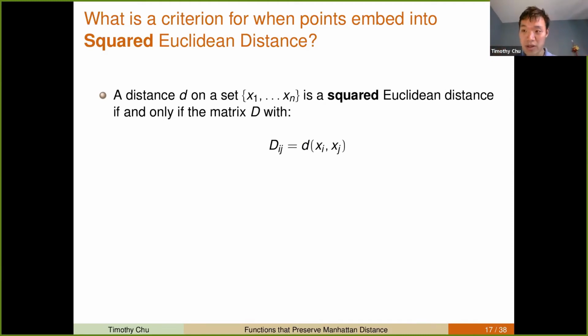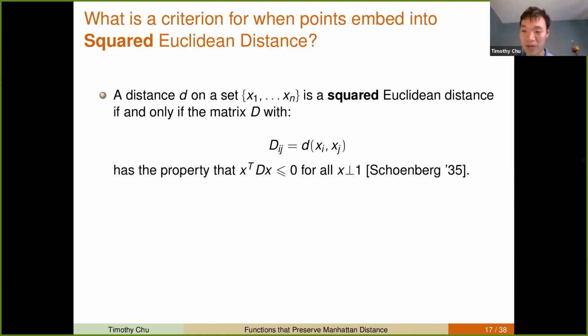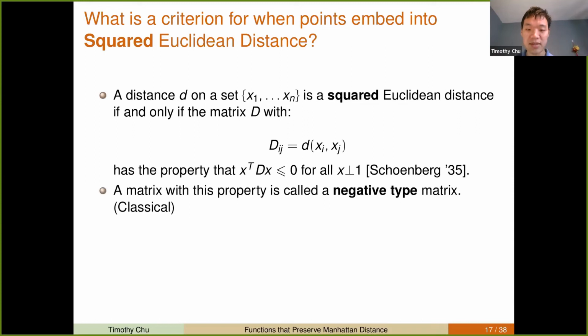It's a squared Euclidean distance if and only if the matrix D, where you fill out D with the distances between point i and point j, has the following magical property, which is that x transpose D x is less than or equal to 0 for all x orthogonal to the all ones vector. This is also known as the so-called negative type property of a matrix.